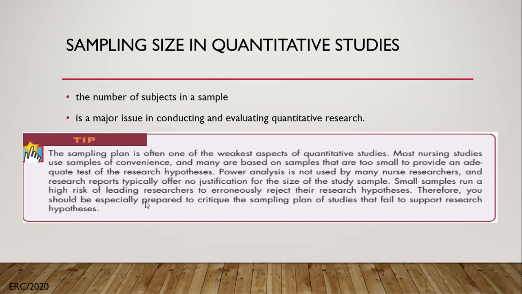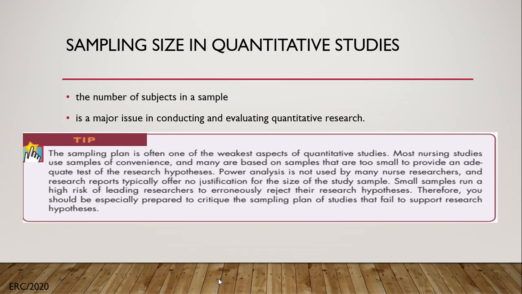Small samples run a high risk of leading researchers to erroneously reject their research hypotheses. Therefore, you should be especially prepared to critique the sampling plan of studies that fail to support the research hypothesis.